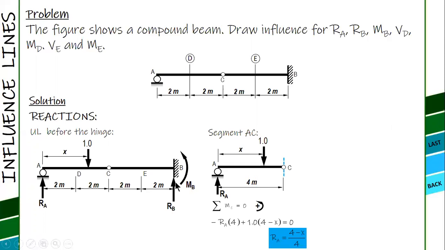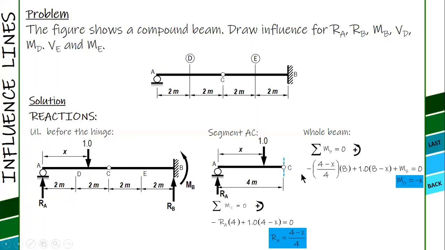And then after that, you can sum up force sa Y to solve for RB, or you can sum up moment at B. So, summation of moment at B, ano siya? Negative RA times 8. This is RA, no? Negative RA times 8 na unit load 1, 8 minus X, and then MB. So, simplify. The result is MB equals negative X.